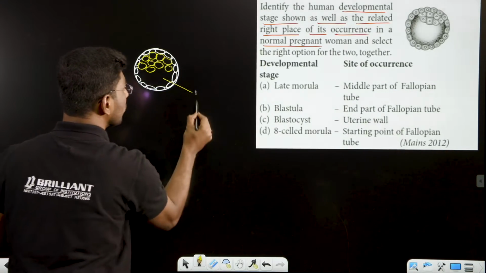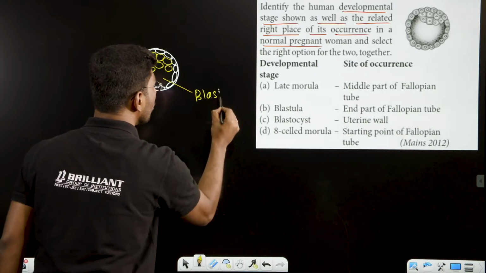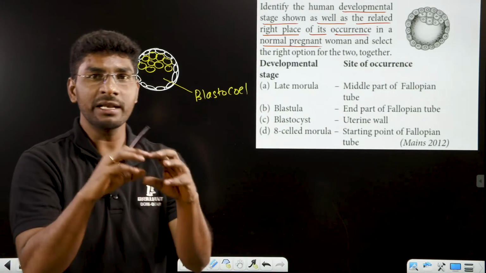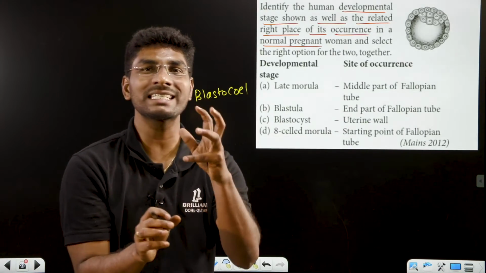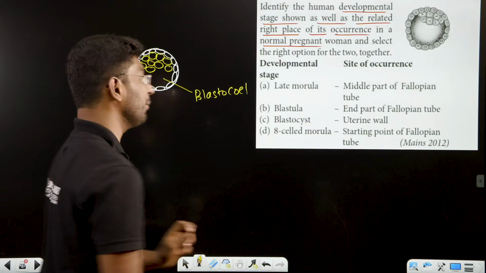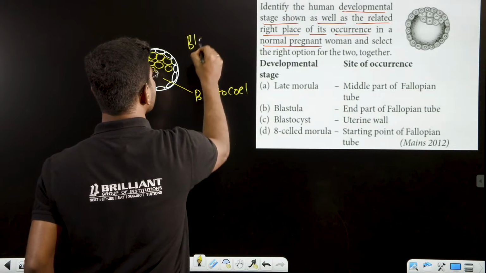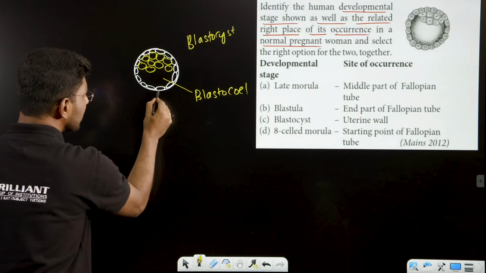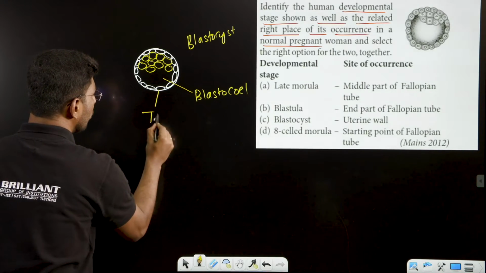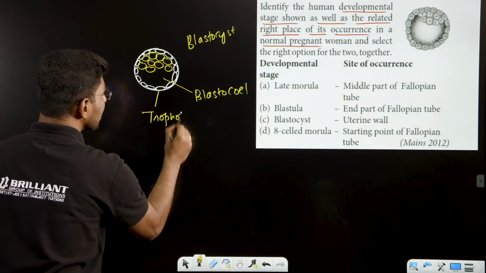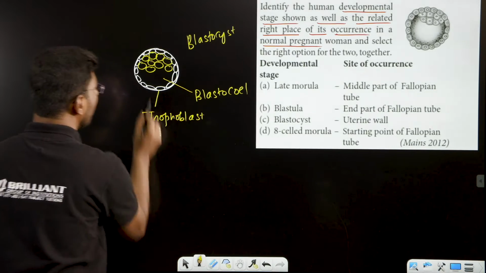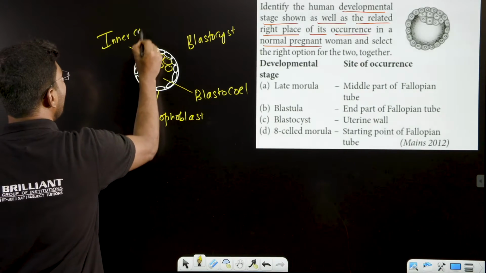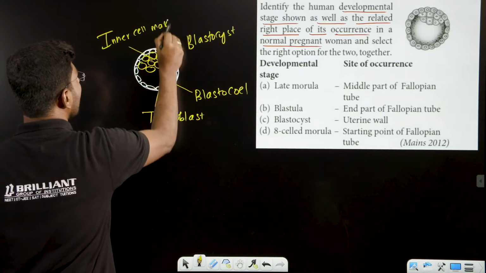This cavity is called blastocele. Keep it in mind. When a cavity is formed, it looks like a cyst, so this stage of the embryo is called the blastocyst stage. What are these cells called? Trophoblast cells. And these? Inner cell mass.